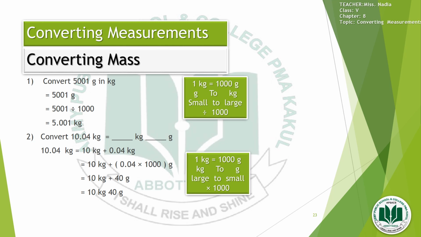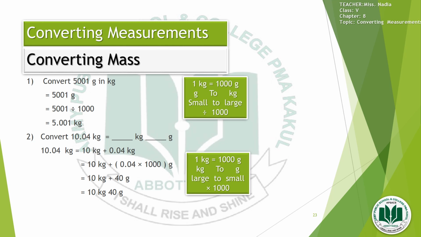Here we have to convert gram into kilogram, that is small to large. So we will divide 5001 by 1000. In 5001, the decimal point is at the end of the number. So first put the decimal point and then move it 3 places to the left. The answer is 5.001 kilogram.